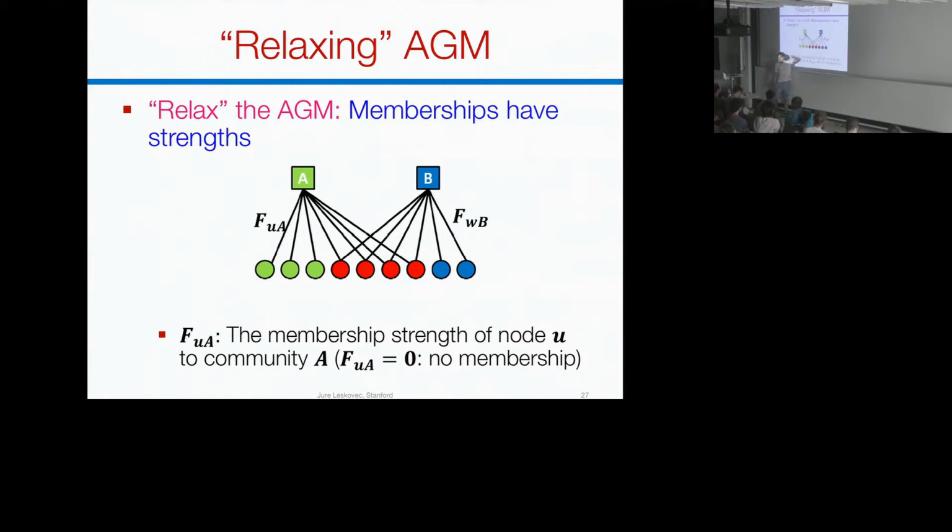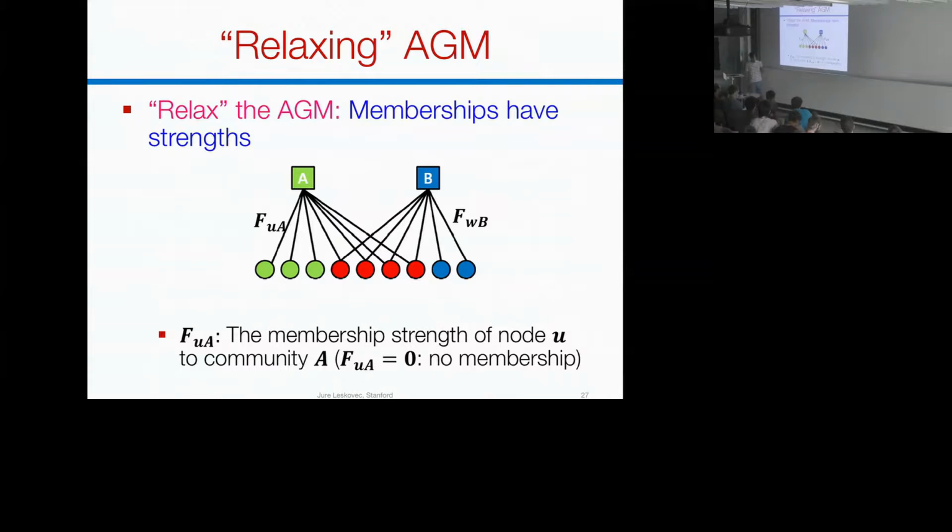Before I had hard assignments of nodes to groups, but now every node-group link will have a non-zero weight, and this weight tells me how much a given node belongs to a given group. So this is the node, and that's the group. I can think of this as the membership strength of node U to group A. And if the strength is 0, then I'm not a member of that group.